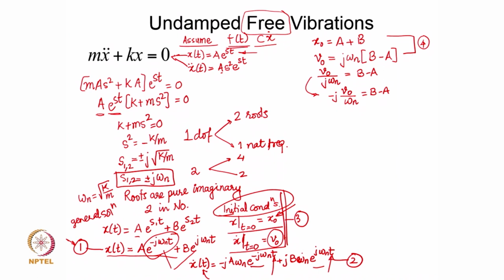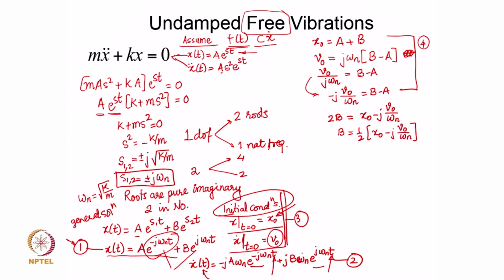Okay. So, if I add these two equations, then I get 2b equals x naught minus j v naught by omega n, or b would be half of x naught minus j v naught by omega n.